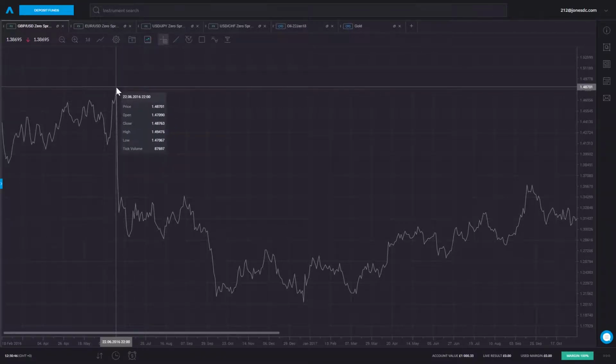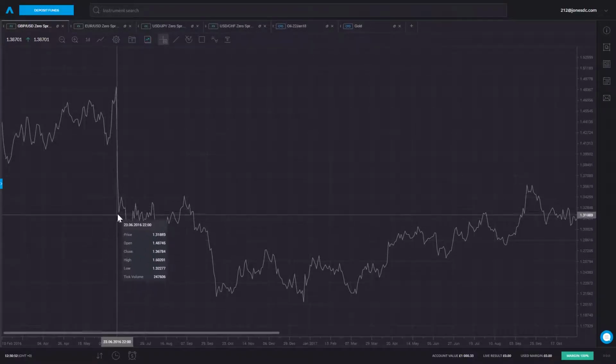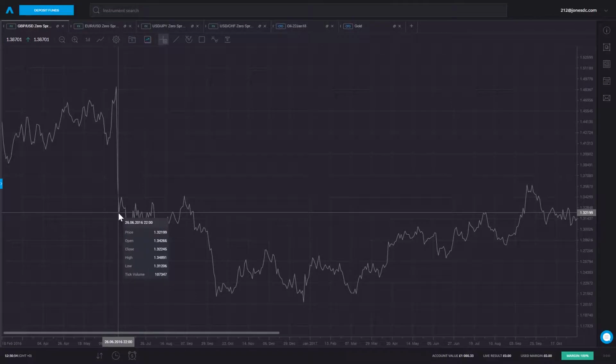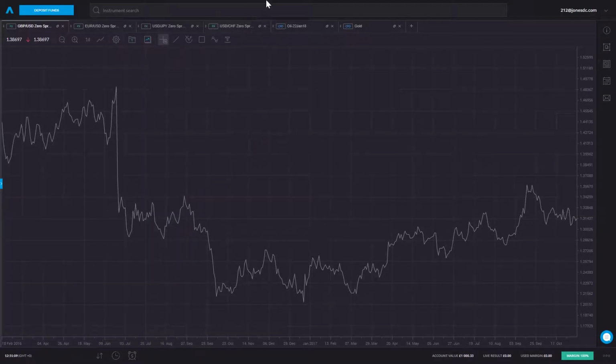So you can see the night before, a pound would buy you $1.48. Over the next couple of days, because of the volatility, it would only buy you $1.32. So we saw a drop, again, of more than 10%, but this time it took almost a matter of hours to play out. So that shows how extreme political uncertainty or political shocks can really affect a country's currency.